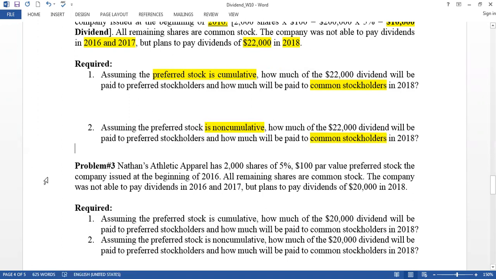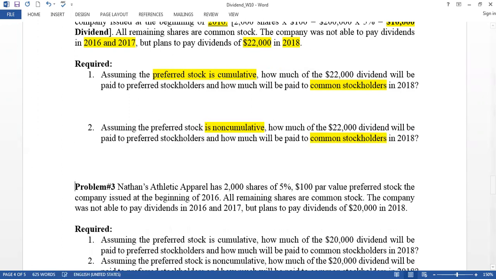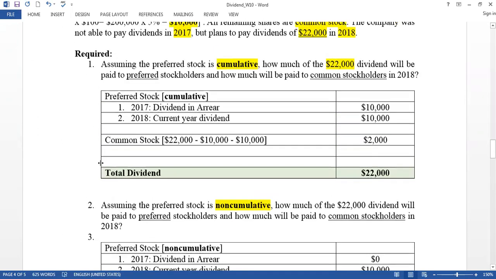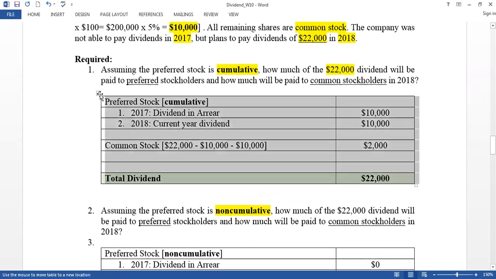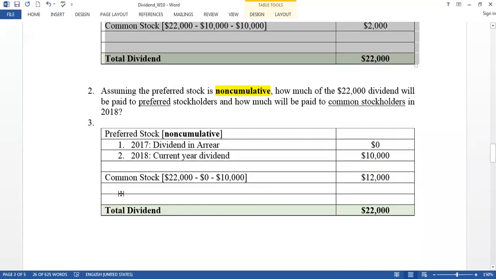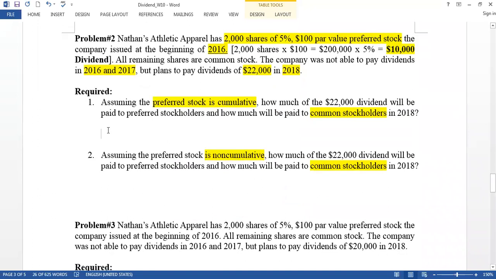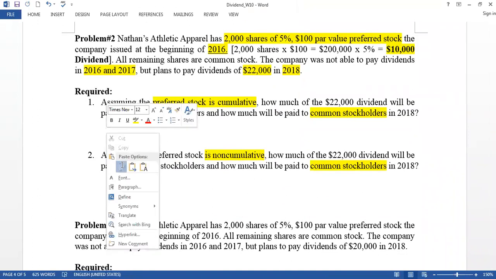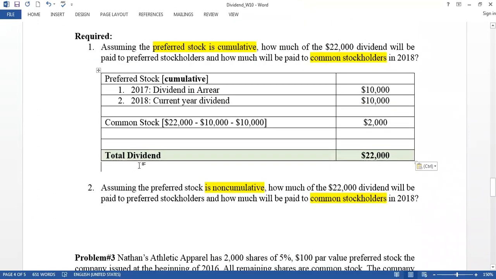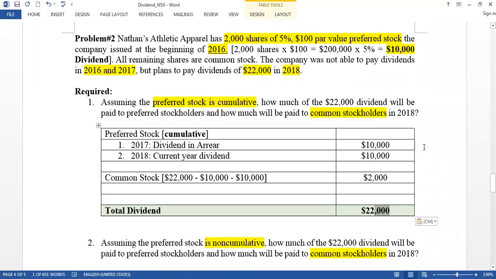So the same question we are going to solve. According to this question, the total dividend is $22,000, no change, right? But we have another change here.